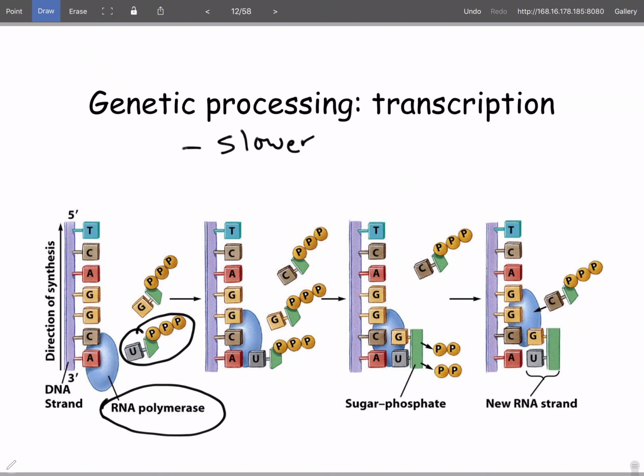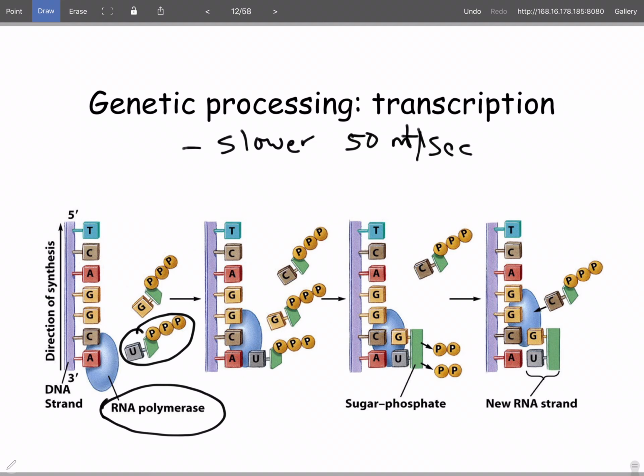Well, it moves so quickly because it's copying whole chromosomes, right? And so it has to do it rather fast. When we are copying DNA into these short RNA sequences, it doesn't have to occur as quickly. So RNA polymerase works at about 50 nucleotides per second, right? So not quite as fast.